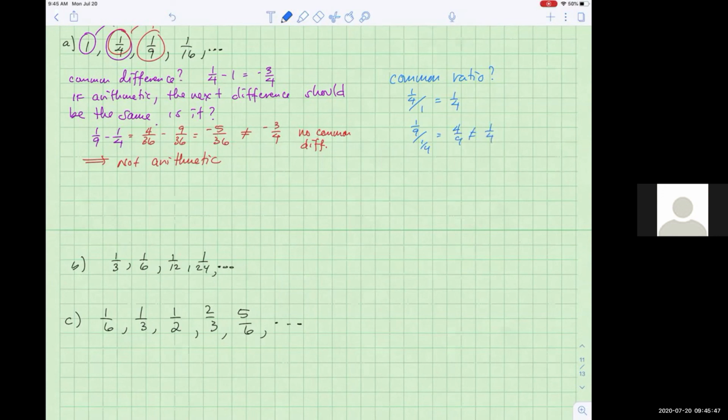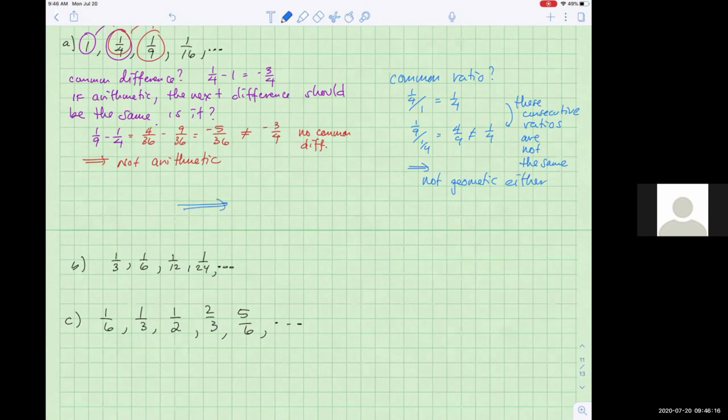So as I take consecutive ratios, I'm not getting the same ratio. So these consecutive ratios are not the same. So this is not geometric either.